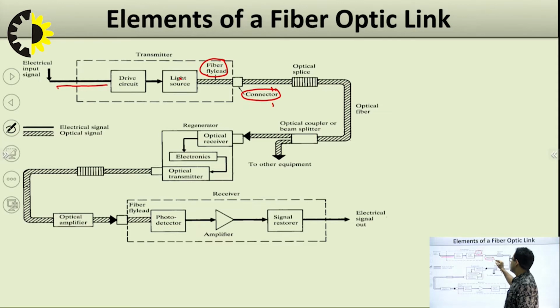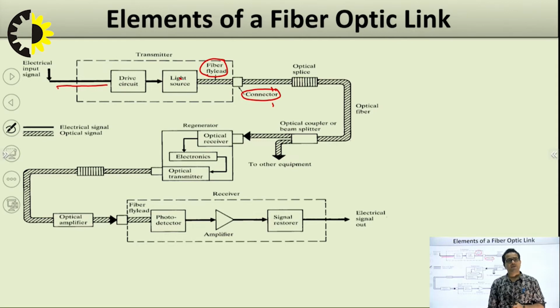This connector is basically used if your aim is to establish communication with the help of fiber optics temporarily, not in a permanent way. In that case, you use the connector, so that once your purpose is over, you can remove the connector and detach the transmitter from the optical medium.